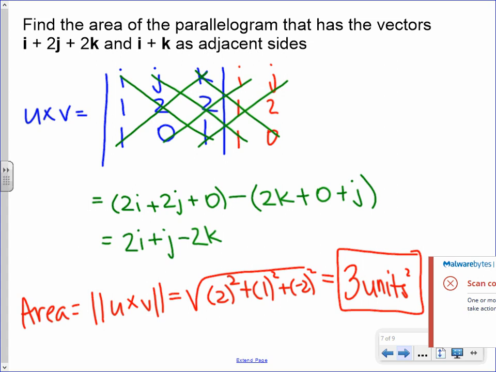Okay. Questions before we do our last topic? Now, the next thing we're going to talk about is what is called a triple scalar product. If I asked you to take U dot V cross W, let's just think about what we would have to do.